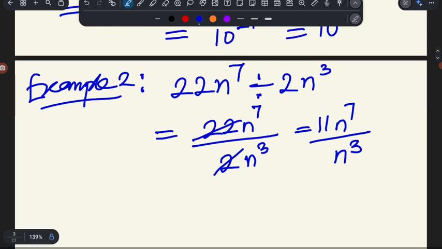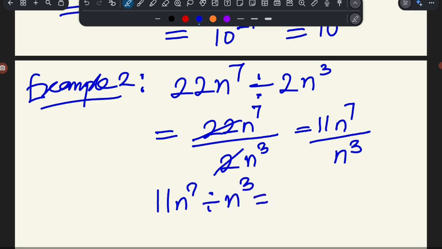You can rewrite it as 11 times n raised to the power 7 divided by n raised to the power 3.